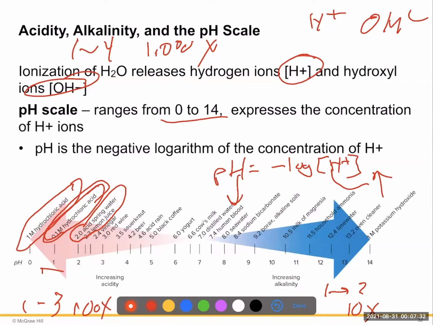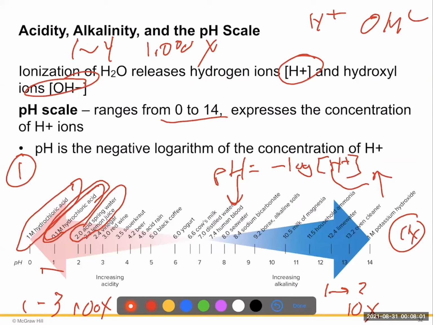So extremely strong acids have a pH of 1. Extremely strong bases have a pH of 14, the exact opposite end of the scale. This is an OH concentration, and OH concentration can be just as deadly as the H plus concentration. It is still very corrosive. If you ever see Fight Club, it's a great movie, and the chemistry behind it is phenomenal.